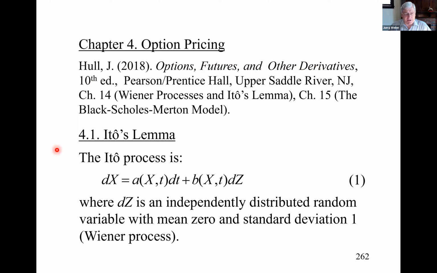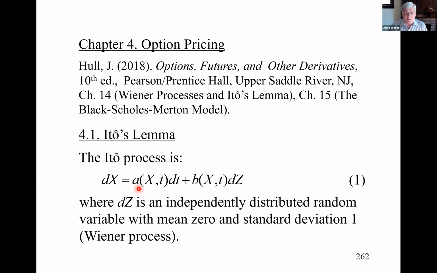Now, an Ito process, equation 1, gives you an Ito process. So we have here the change in a variable x, and that change depends on a deterministic part, and it has a stochastic part.